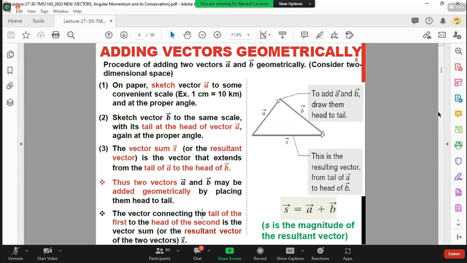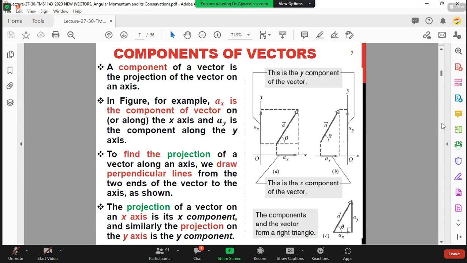Everyone good? All right. And also, there is a component method, but before coming to the component method of adding vectors, you have to know what the components of vectors are. What are components of vectors?